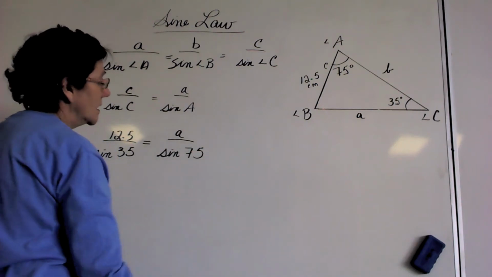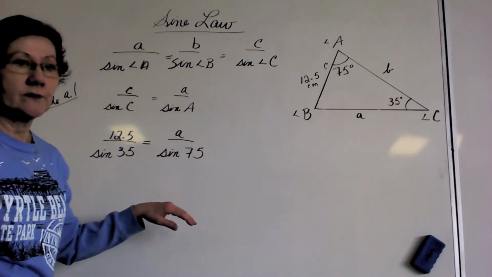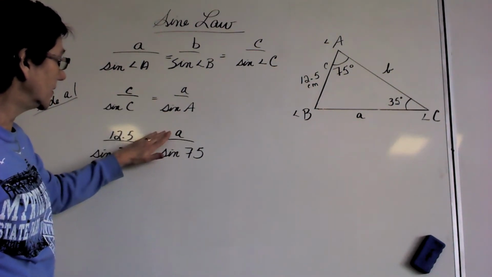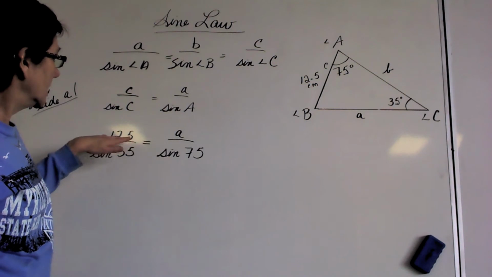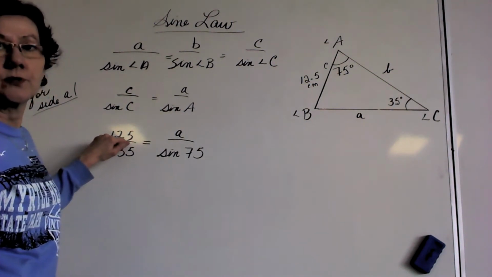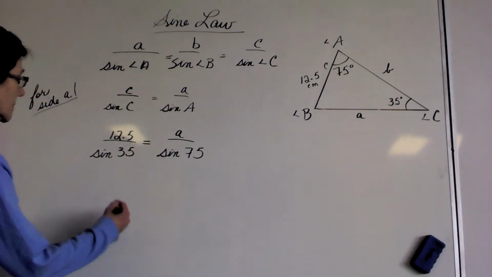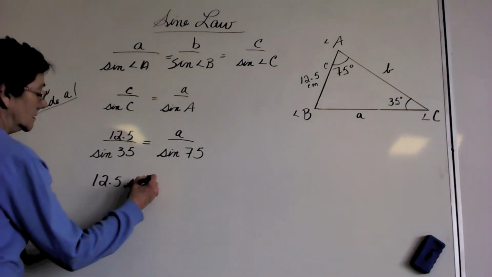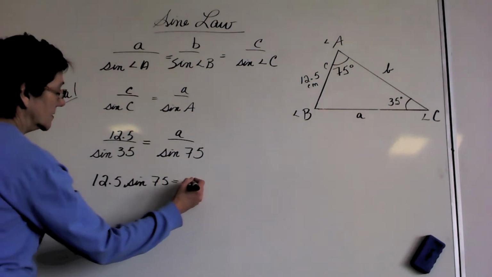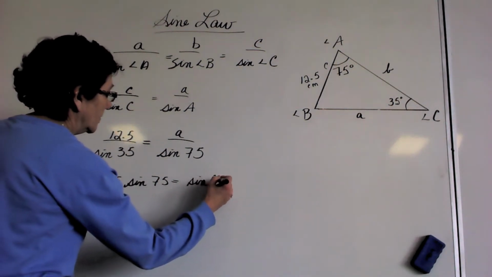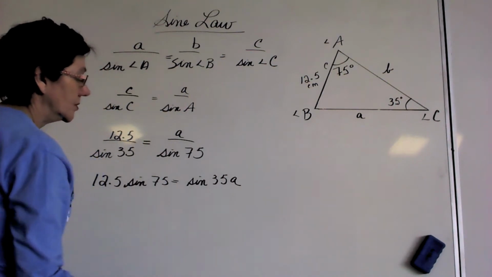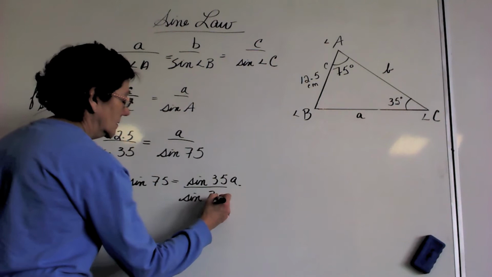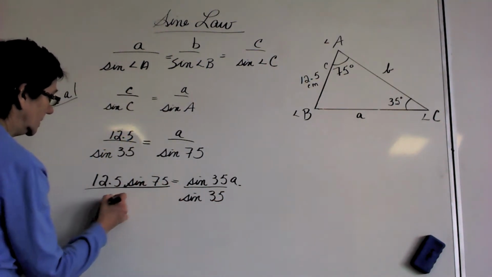As we know from previous years, in order to solve a ratio, we do cross multiplication and then isolate our variable. When we're working with sine law, the side value has to come before the angle. So to write this up correctly, we would put 12.5 sine 75 equals sine 35 times A. We're trying to isolate the side A, so we divide by sine 35, and we'll do the same here.